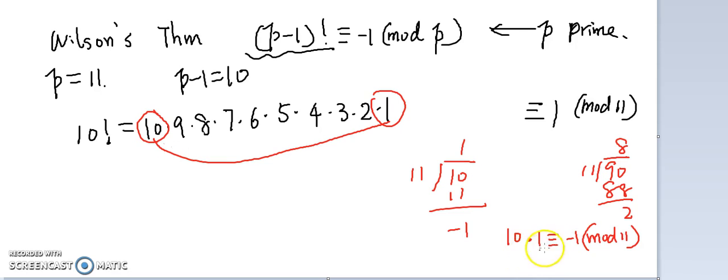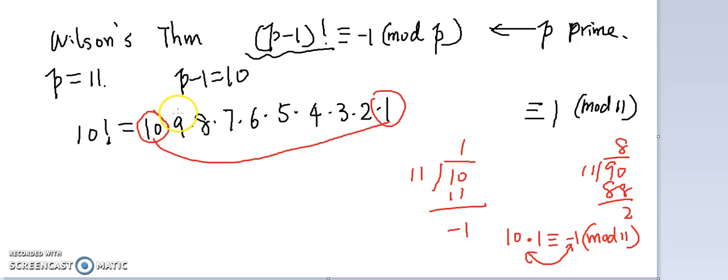The definition of the congruence relation is that if the subtraction of these two is divisible by 11, the modulus, then we say they're congruent. So we're going to pair 10 and 1 up, because we cannot find a number that times 10 is congruent to 1 modulo 11.